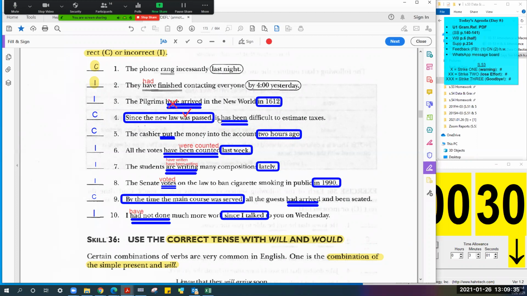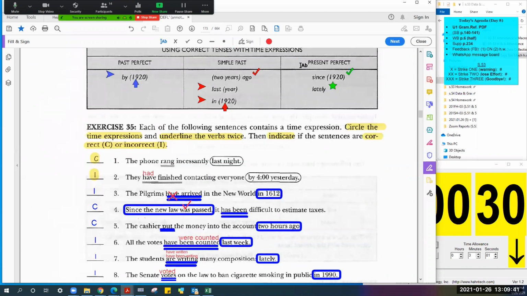Look here. Present perfect. We use "since," okay?